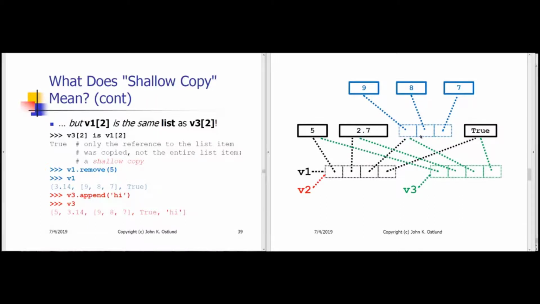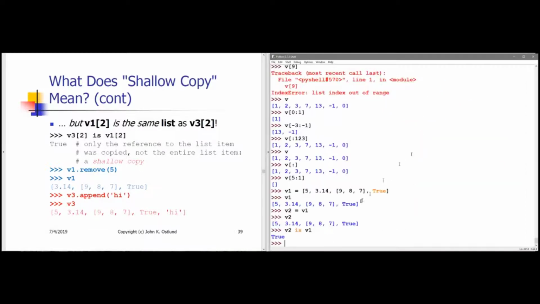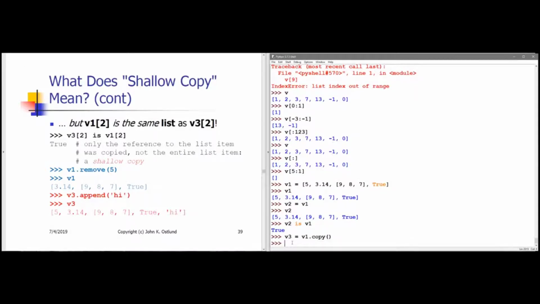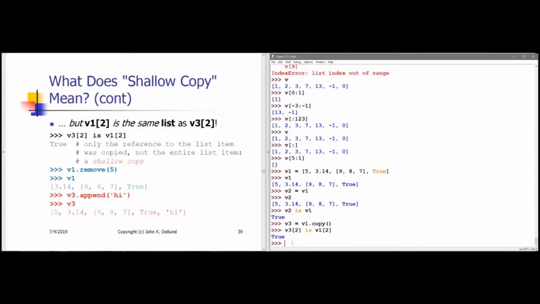So if I switch back to my shell, and I ask whether, well, I'd better do my copy first, right? I'd better say v3 gets v1.copy. When I test whether v3 sub 2 is v1 sub 2, I get told, yes, that's true.